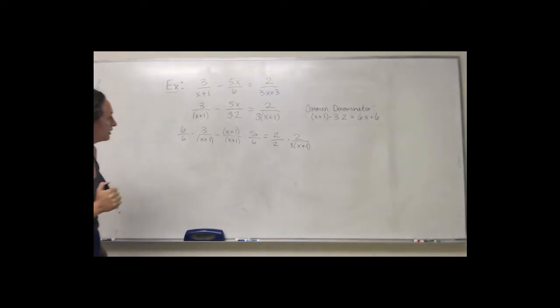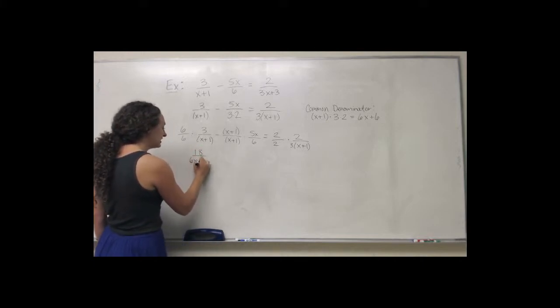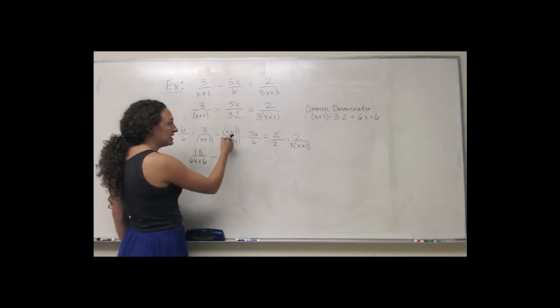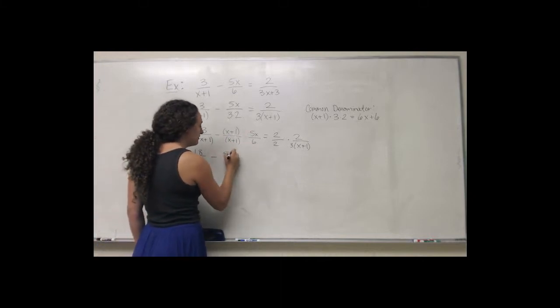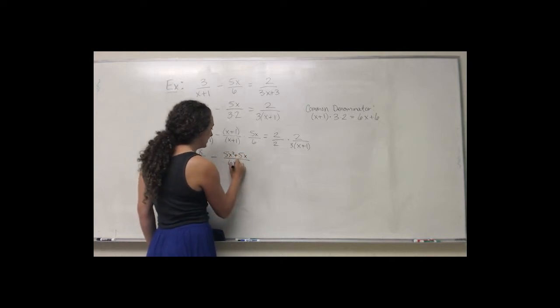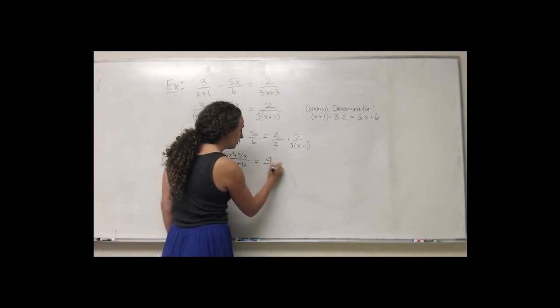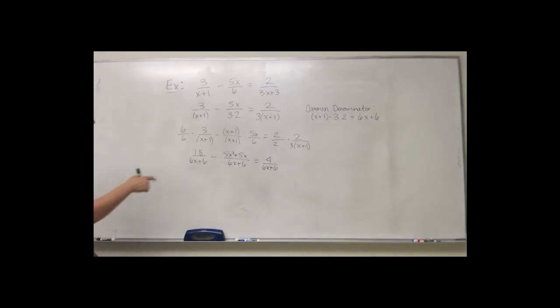Okay, now let's go ahead and simplify. We get 18 over 6x plus 6 minus 5x squared plus 5x over 6x plus 6 is equal to 4 over 6x plus 6. Let's simplify further.